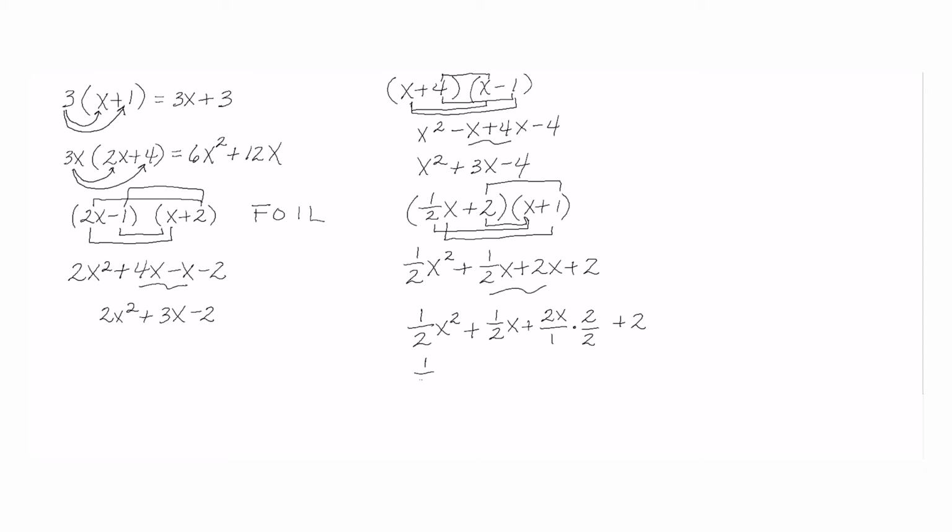So we're going to have 1/2 x squared plus 1/2 x plus 4/2 x. So 1/2 plus 4/2 gives us 5/2. And we just bring down our first and last terms. And there we go. So we're done with that.